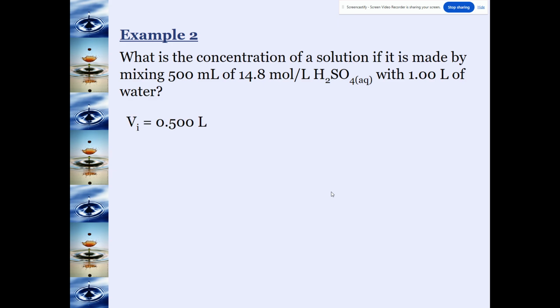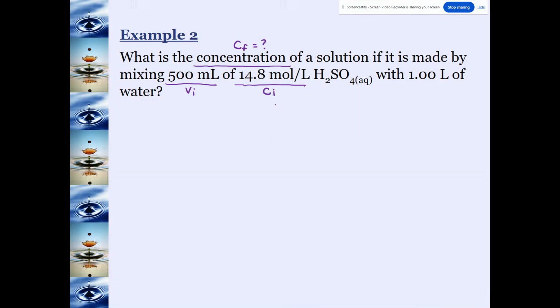So we are asked, what is the concentration of a solution if it is made? So the one you're making, again, is the final solution. So this is the final concentration that I'm looking for. It's made by taking 500 milliliters of a 14.8 mole per liter solution of sulfuric acid. So this is my initial solution with the initial volume and the initial concentration.